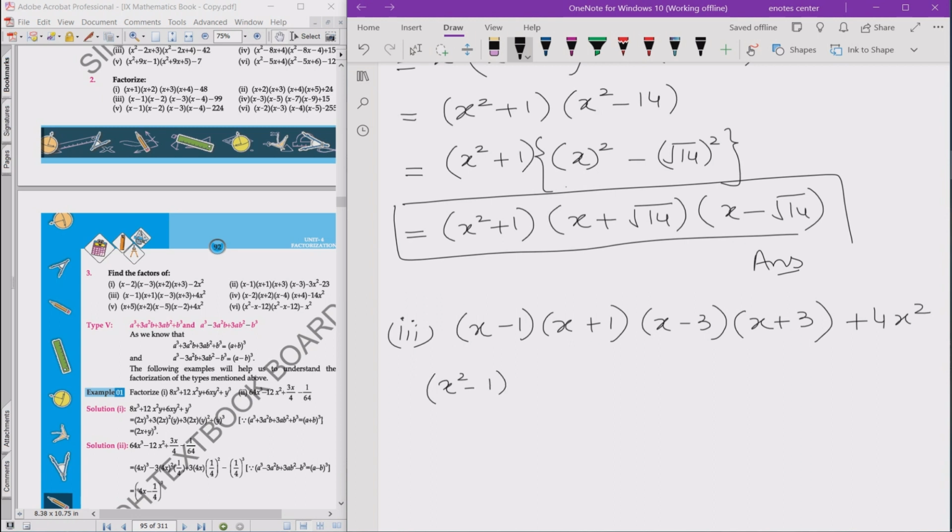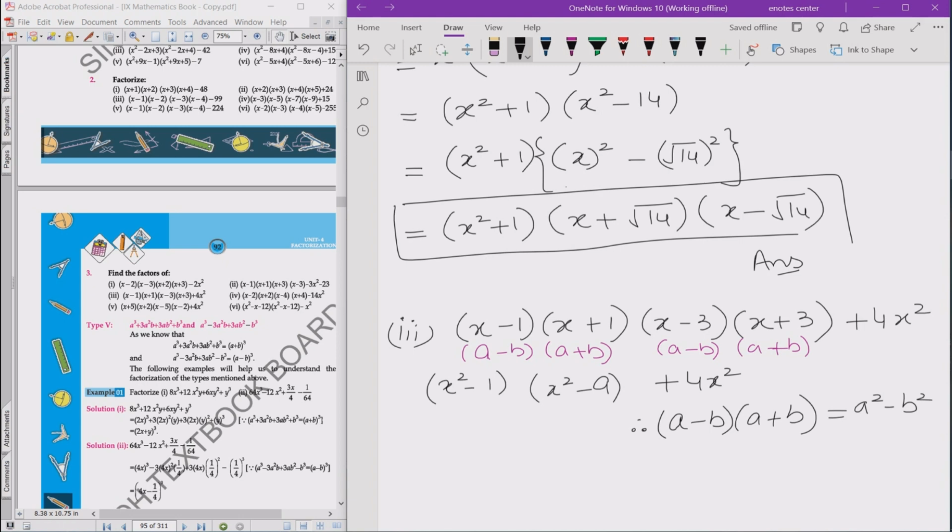We have this one a minus b and a plus b. This one is a minus b and a plus b, right? So now we have x square minus 9 plus 4x square. Now we have a minus b, a plus b equals a square minus b square.